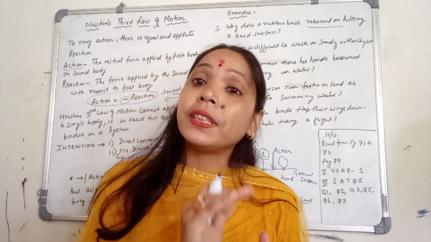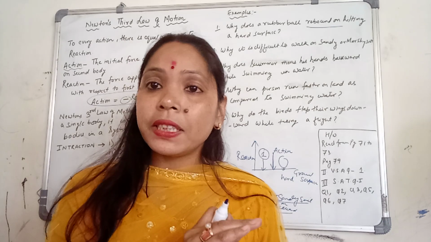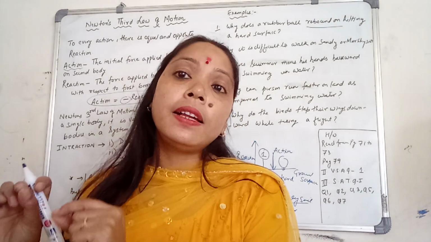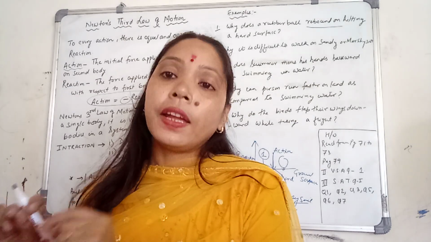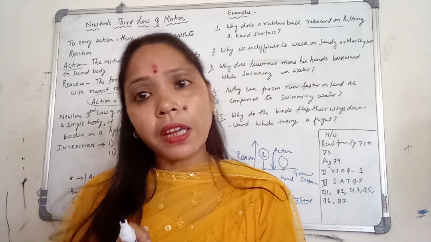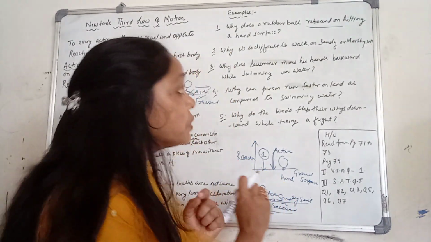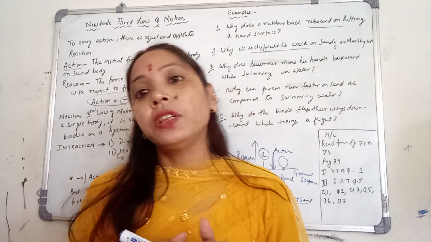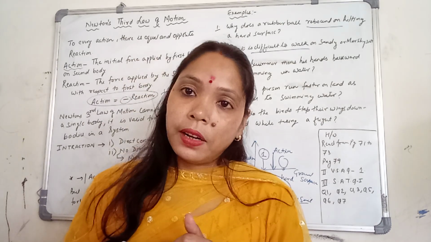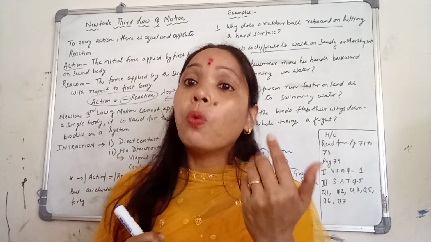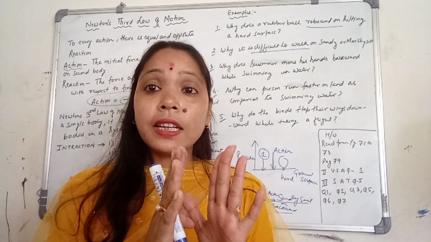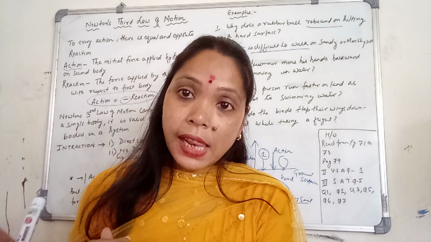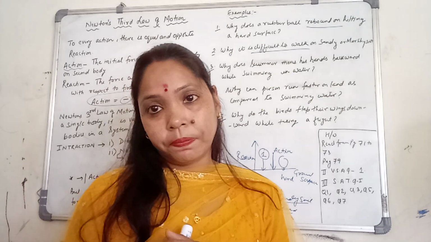But that force is not the same. It means here action is not equal to the reaction. It can be less or it can be more. That's why it is difficult to walk on sandy or marshy soil. So to walk comfortably, what do we need? The action and reaction both should be equal and opposite.